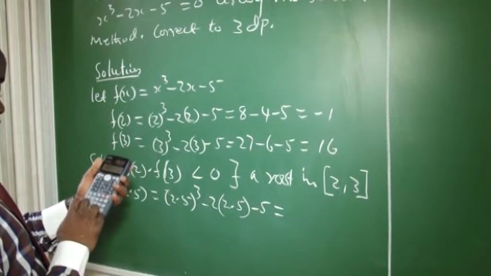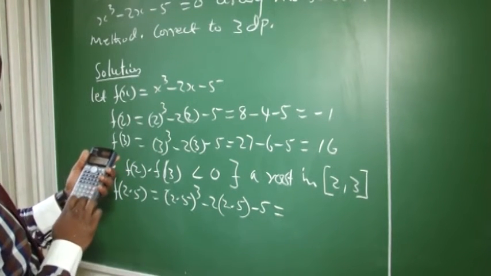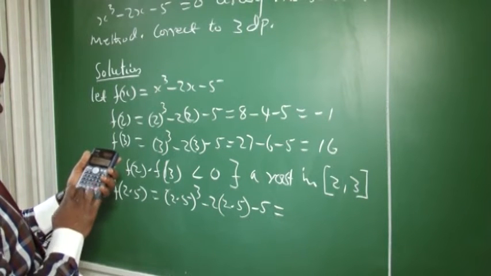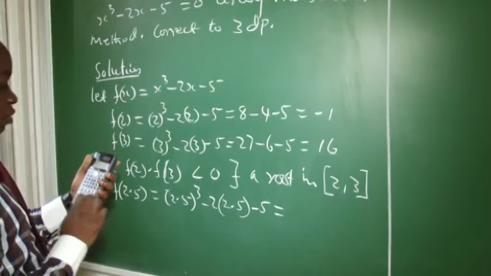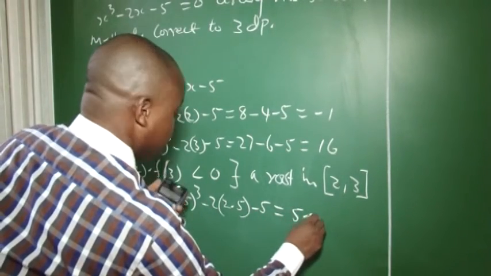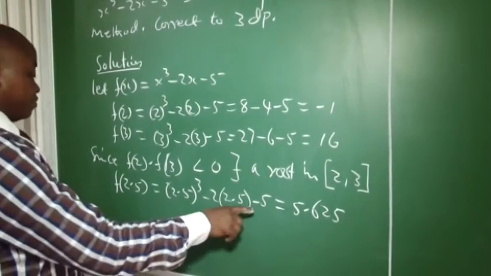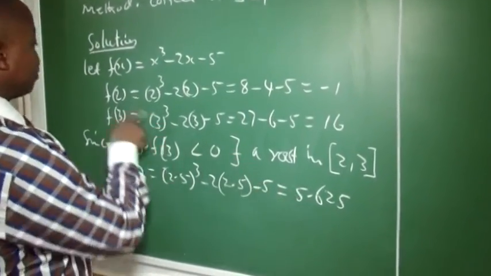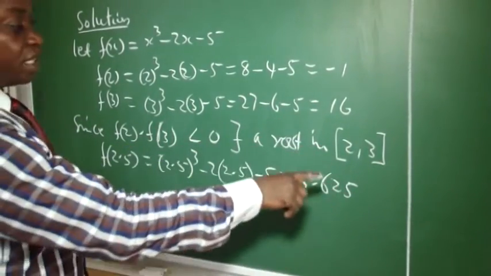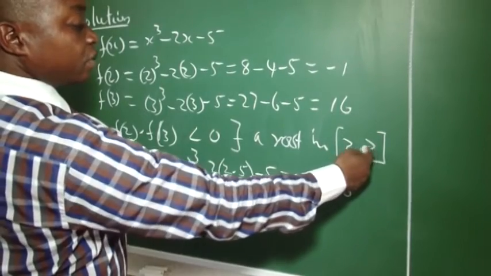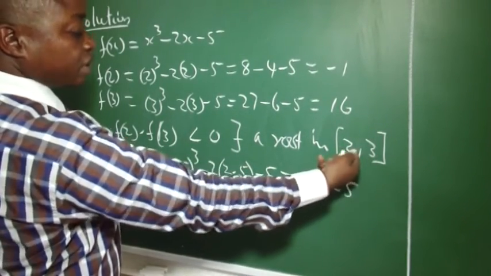This gives us 5.625. Okay, this is positive. Now 2.5 is positive, 2 is negative, 3 is positive. So meaning that from 2.5 to 3 there's no root that side. Root is this way, 2 to 2.5, there's root there.